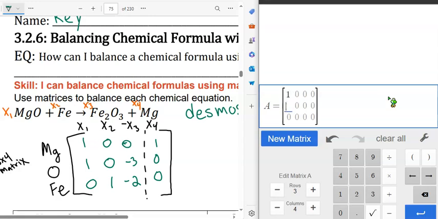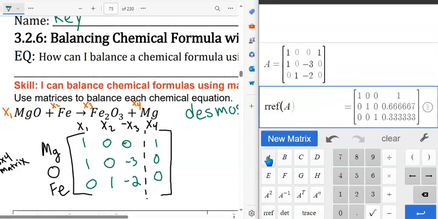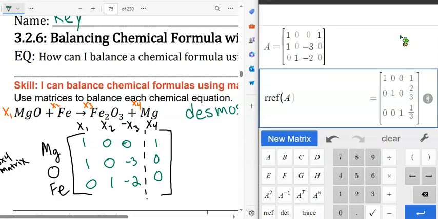And then we'll plug in those values. And then press enter. Okay, to get it into the proper form, we'll click the button that says RREF, that reduced row echelon form. Let's change those to some fractions.